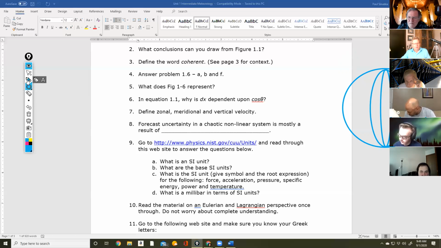These are longitude lines. So what is this longitude line here? And what is this parallel? That's 0. That's the equator, right?